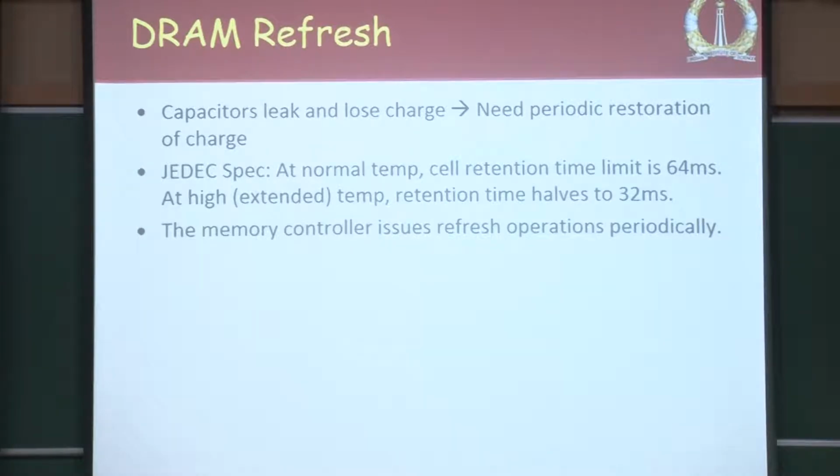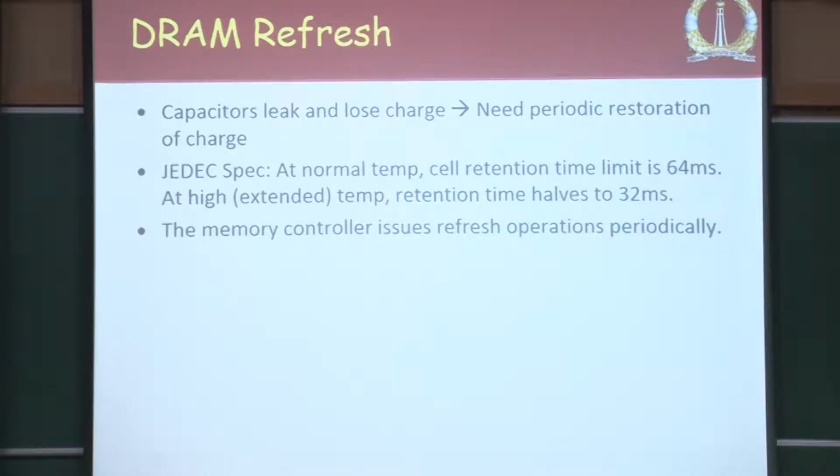Supposing there are 128K rows in a bank, then all of these 128K rows need to be refreshed, each one taking 20 cycles. Therefore, you will take roughly about 2.6 milliseconds.